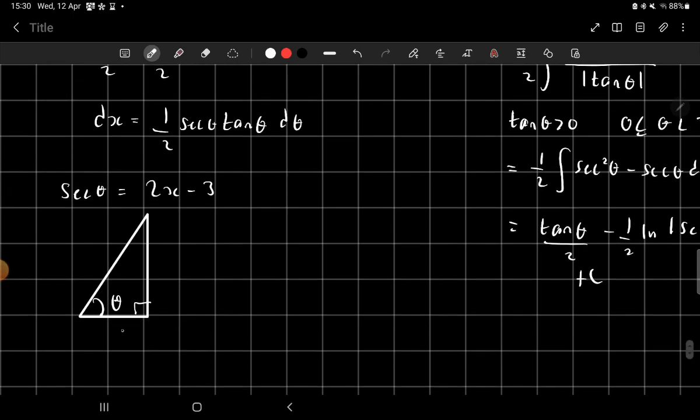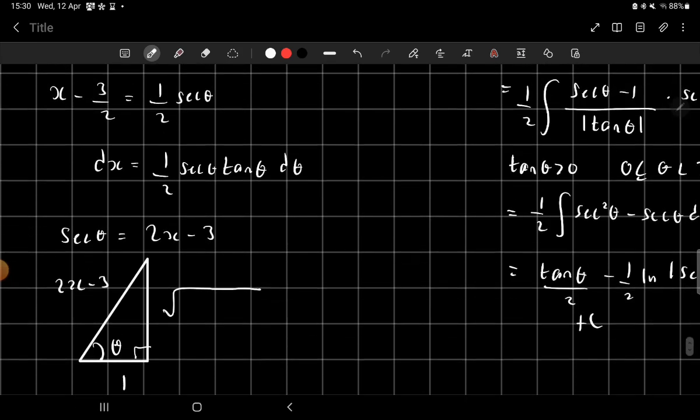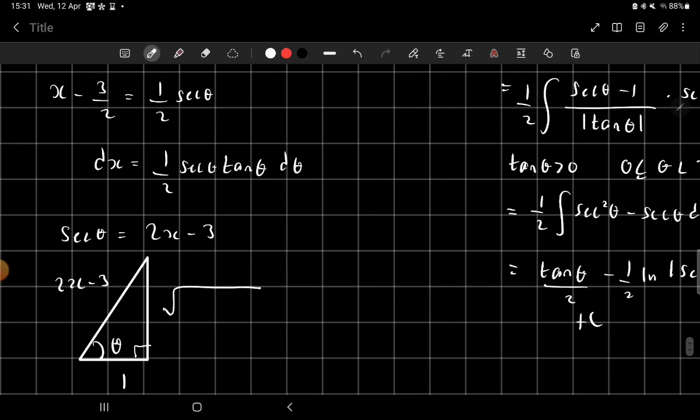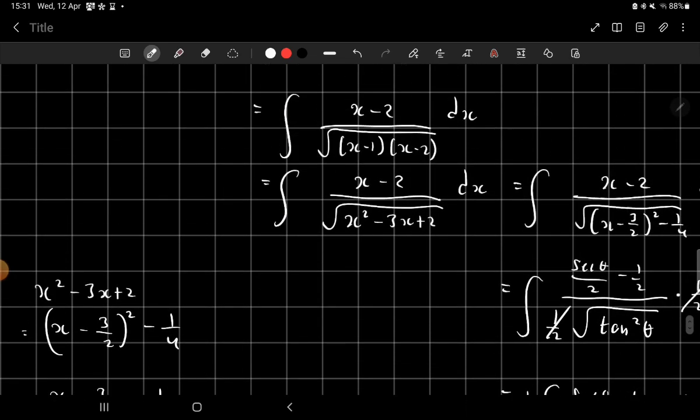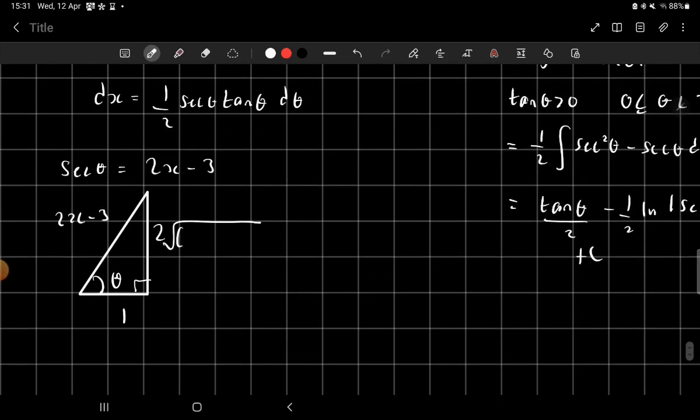So our adjacent will be 1, our hypotenuse will be 2x minus 3. Then the opposite of the angle will be, if I'm not mistaken, 2 times the square root of x minus 1 times x minus 2.